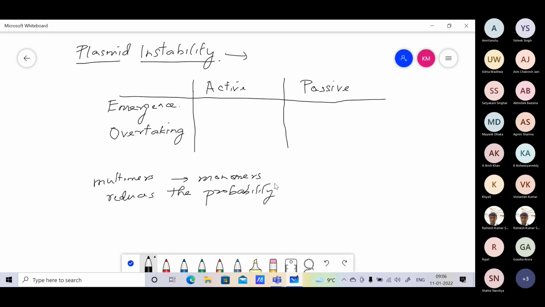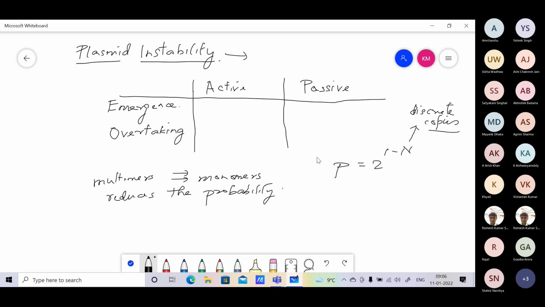Because the probability of plasmid free cell emergence is given by p raised to 2 raised to 1 minus n, where n is the number of discrete copies. So obviously a multimer being converted to monomer is actually going to increase n, the number of discrete copies. Remember that the copy number of high copy number plasmids is controlled by the interaction that the plasmid origin has with the cell.